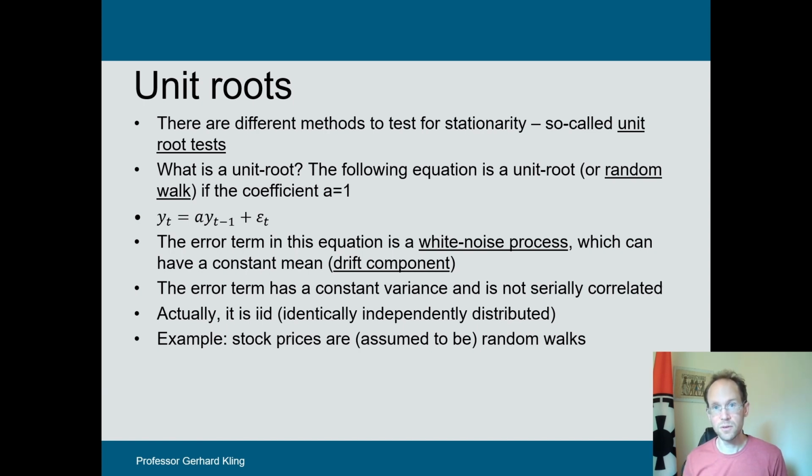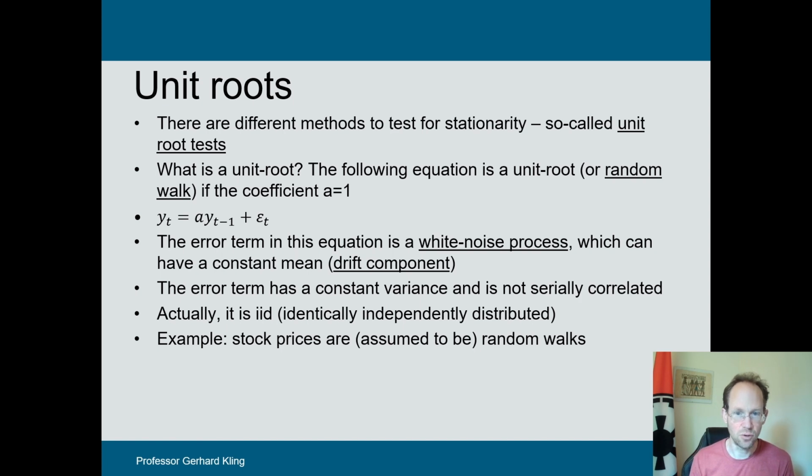We explored first-order autoregressive processes. On the slide you can see an AR1 process. We know that if a coefficient A is equal to 1, non-stationary behavior emerges. The AR1 process becomes a random walk.